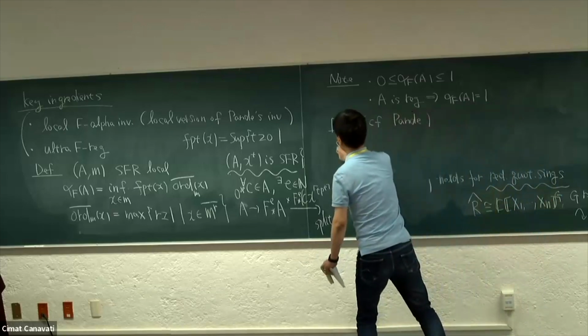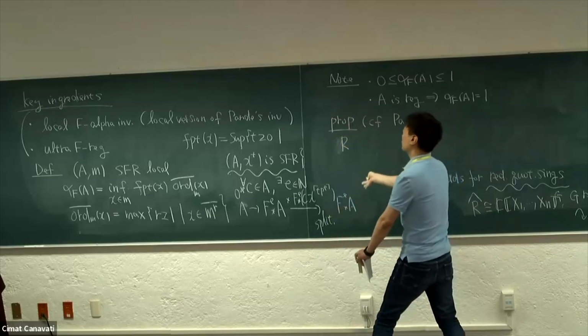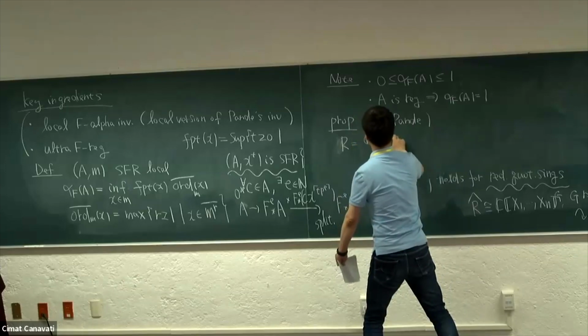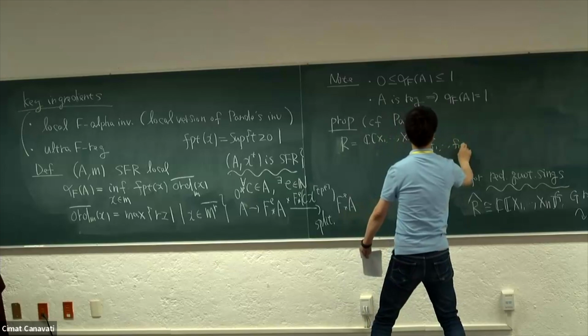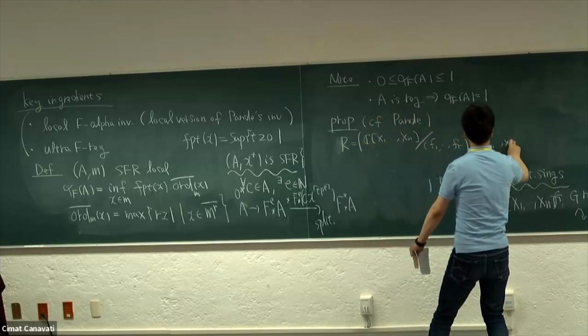So yeah, again, our ring R is characteristic 0, so essentially all finite type over C, something like this. Okay.